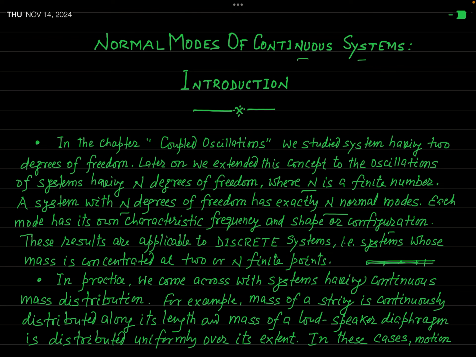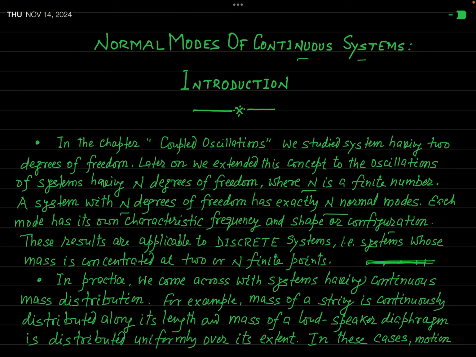But this mass is distributed in a continuous manner along the length of the string. Okay? So you can say that the string is not a discrete system, it is a continuous system. It means the mass of the string is spread uniformly along its length.